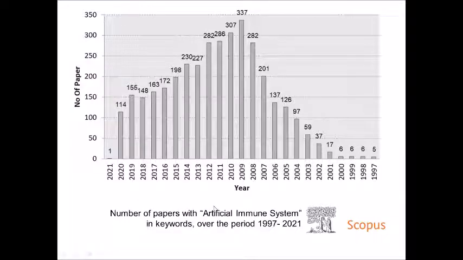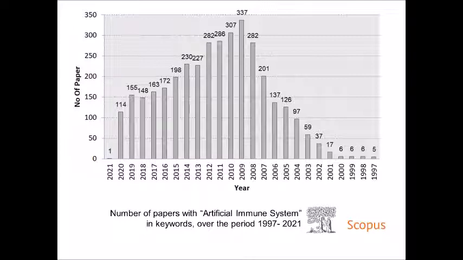This just indicates the research activity in artificial immune system. I did a summary on the Scopus website, looking for the keyword artificial immune system. You can see that AIS started to gain traction as one of the computer science problem solutions since 1997.